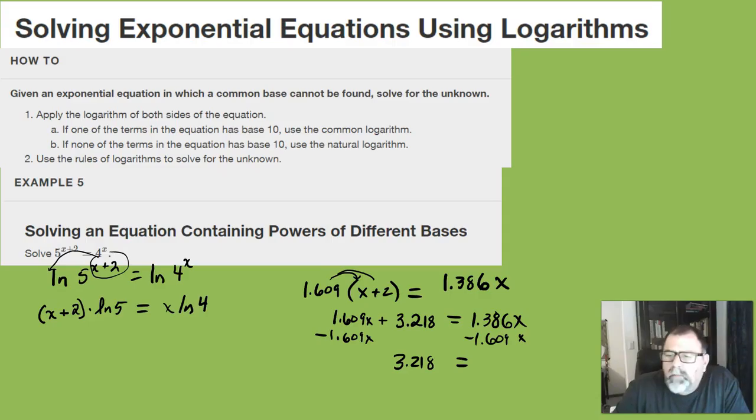1 point, okay, I'll just figure it out. Okay, that equals negative 0.223 x. So now I'm going to divide both sides by that number.